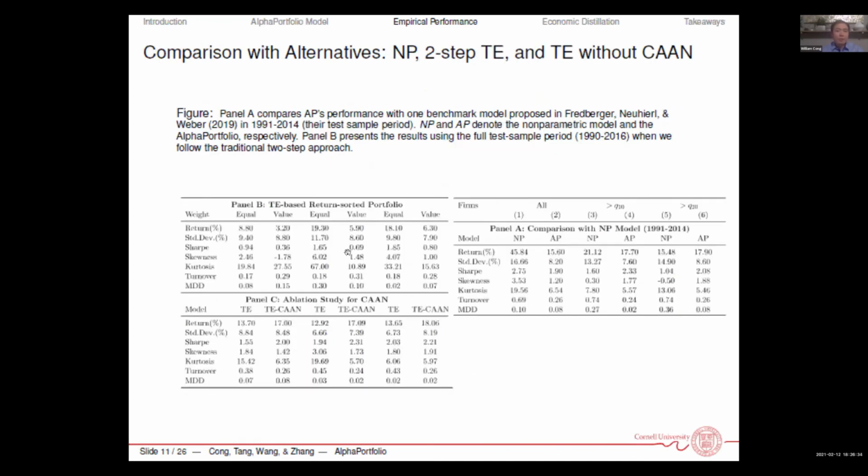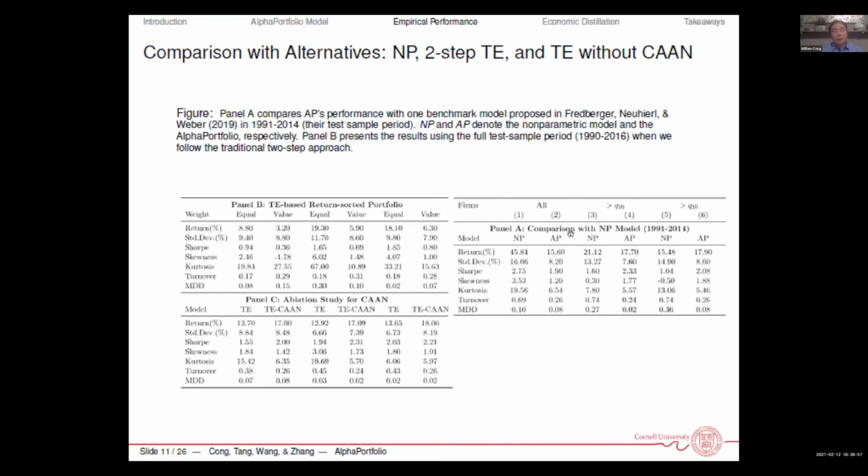Where does this superior performance come from? Is it the transformer encoder, the two-step portfolio construction, right? Yes, the transformer encoder helps, but the single-step direct construction helps as well, because otherwise we wouldn't get such a high out-of-sample Sharpe ratio.